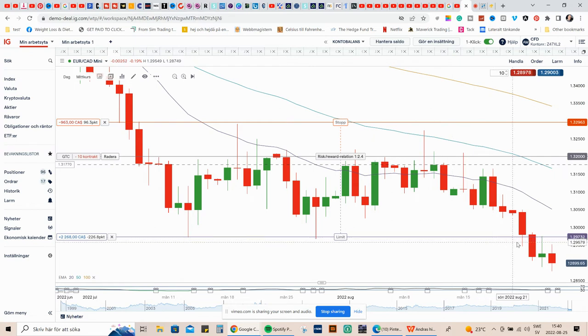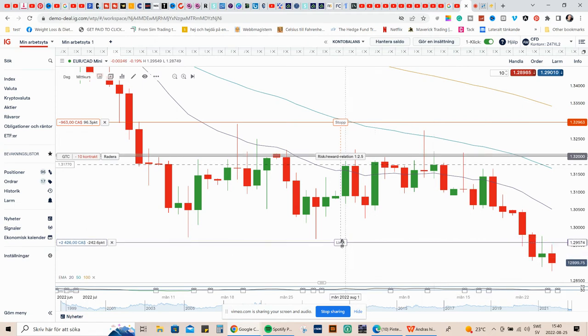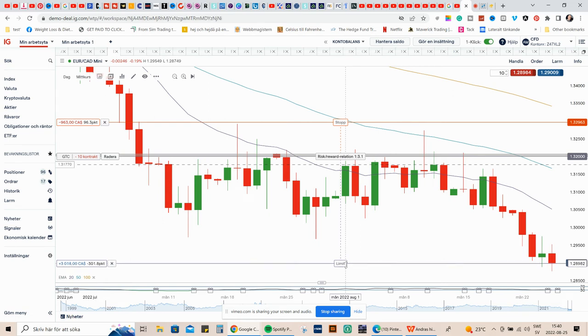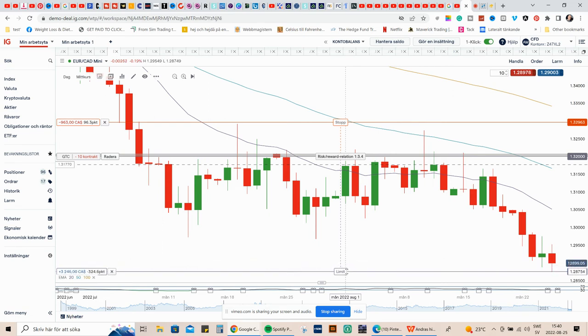In this case, as you see, the price went below this. So at this time, let's see what the risk reward ratio would be. If I had a magic crystal ball and knew exactly, it would be 3.4 profits relative to the risk.